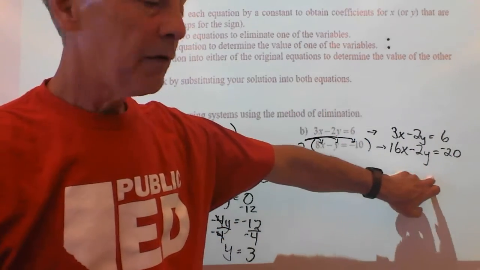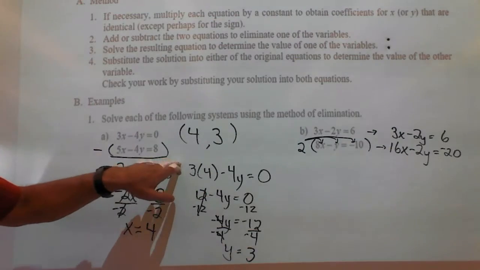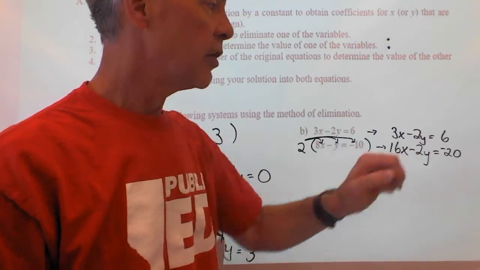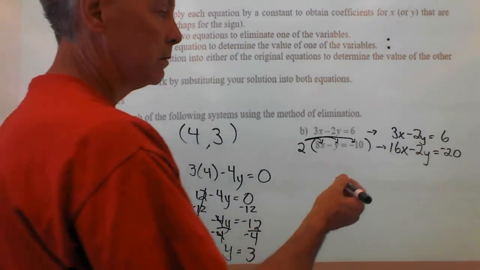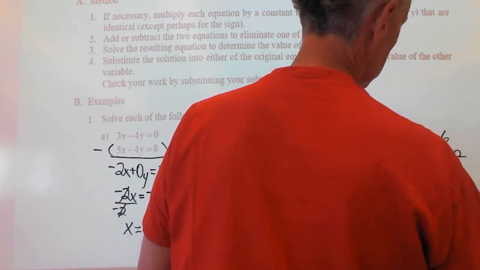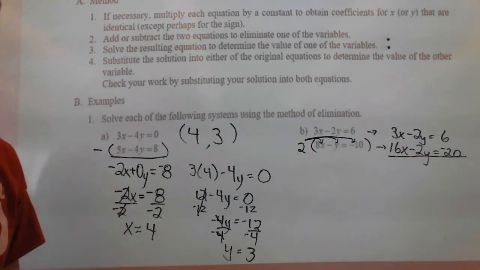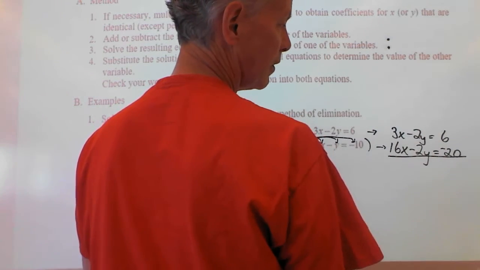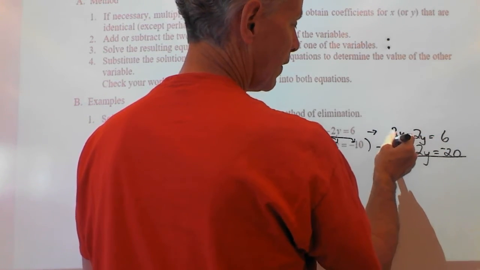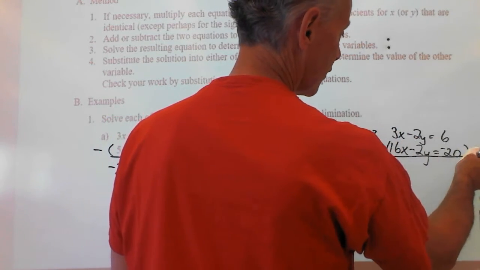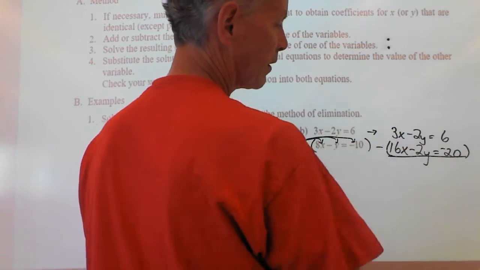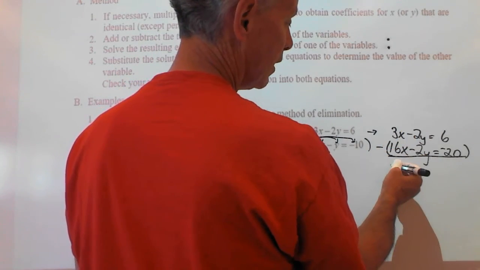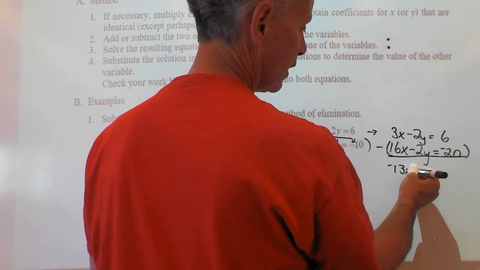And you'll see now we have the situation we had in the first example, where we have the same coefficient of y in each case. And now, just as we did in the first example, notice that if the sign in front of the coefficient is the same, they're both minus, that's a clue that you're going to have to subtract. So you're going to have to subtract 3x minus 16x to get negative 13x.